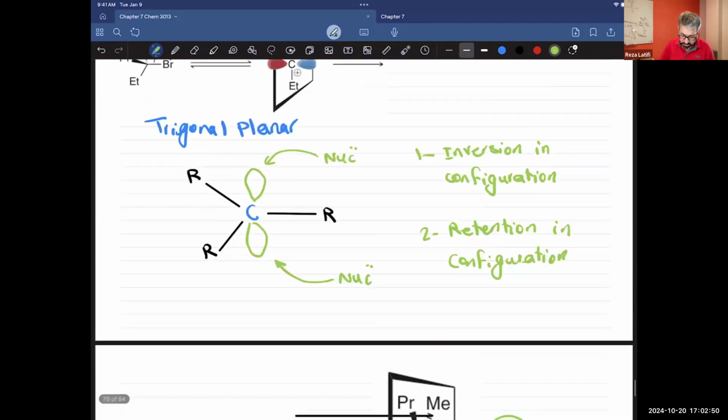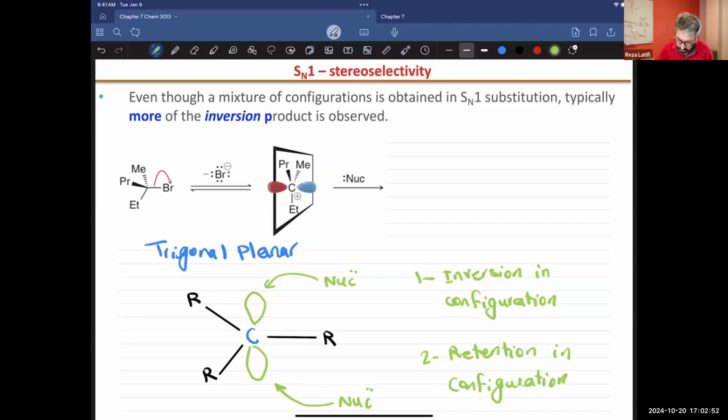This is the molecule that we have. Let's say we add the nucleophile from the back of the molecule, and we might get this. So we have carbon, and I'm going to keep two of them inside the plane. Say this one is inside the plane, here it will be the methyl, and I'm going to put the nucleophile here.